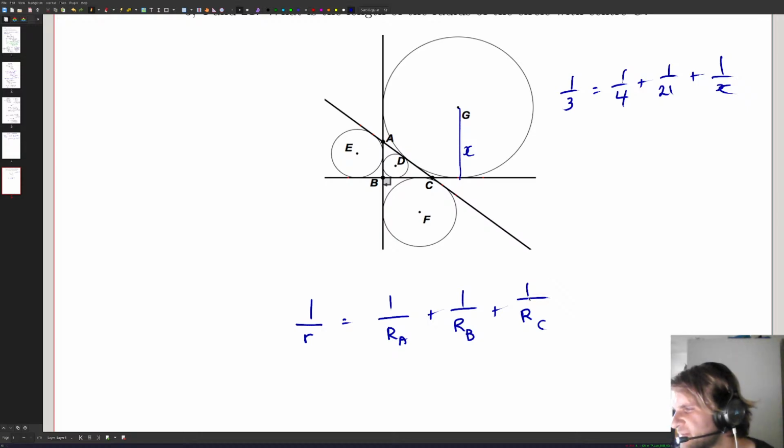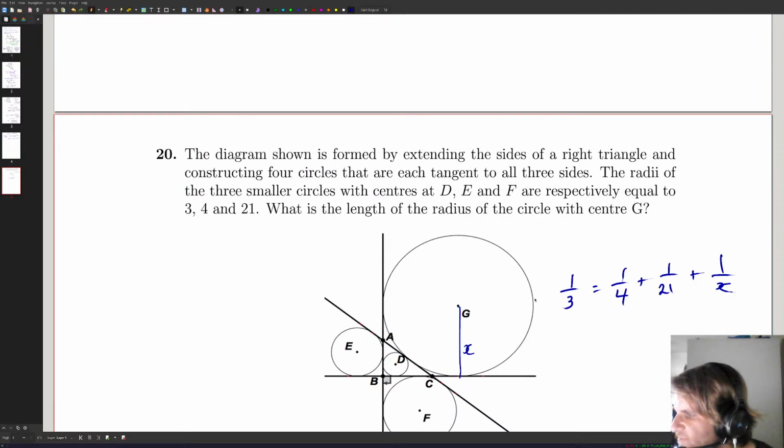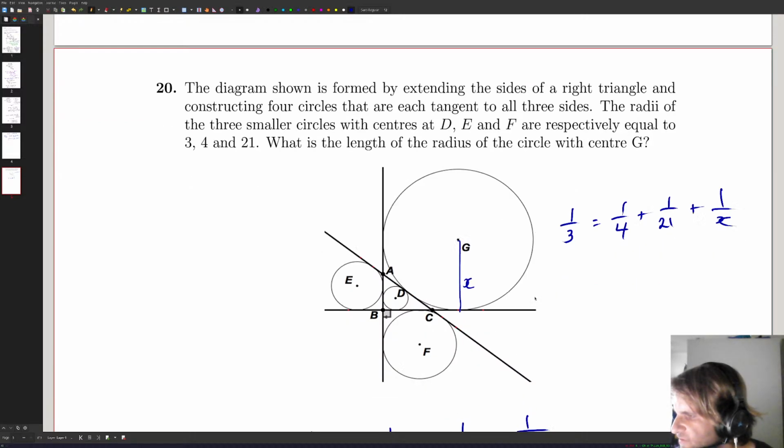In this case, maybe it's possible to do it just with coordinates, or the radii of the 3 smaller circles are 3. Yeah, because this is a right angle triangle, there's a lot of things you can say already. That length's 3, that length's 3, that length is 3. We know this is a square.